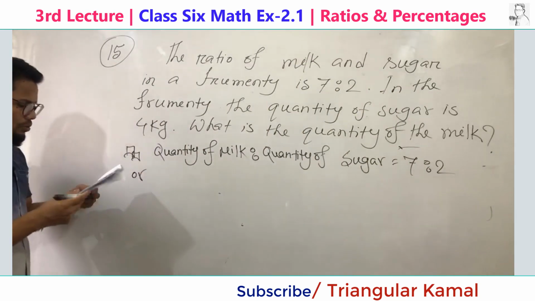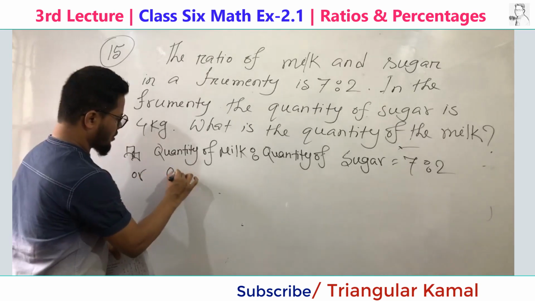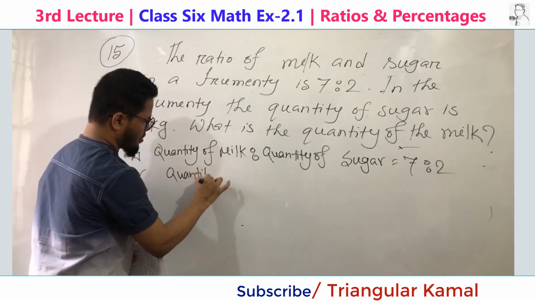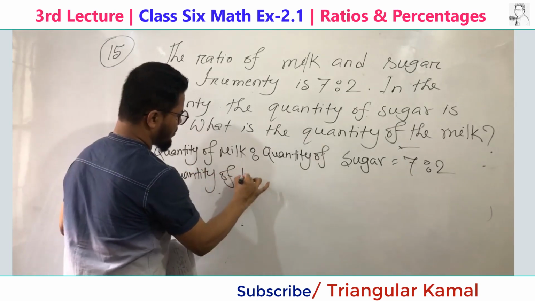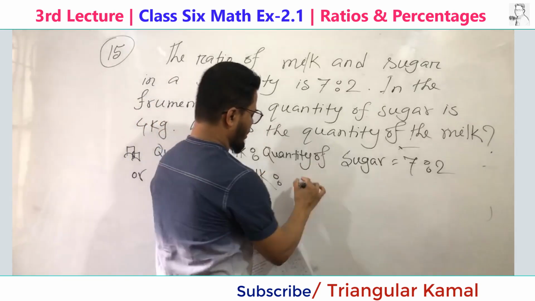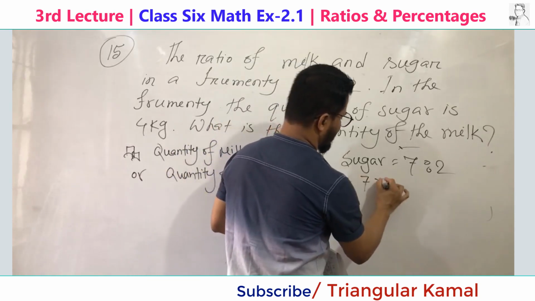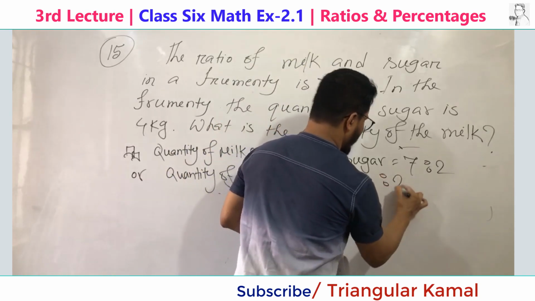So now which information is given? The second part: the quantity of milk ratio, this is the 4 kg here, then the ratio 7:2.